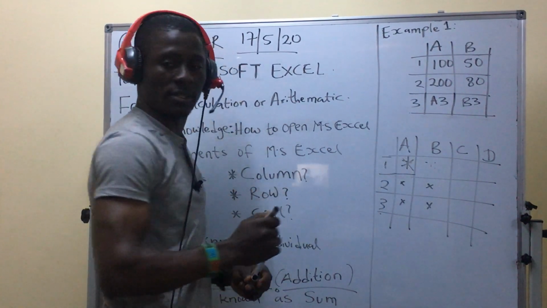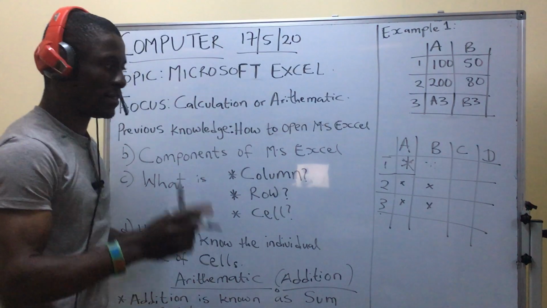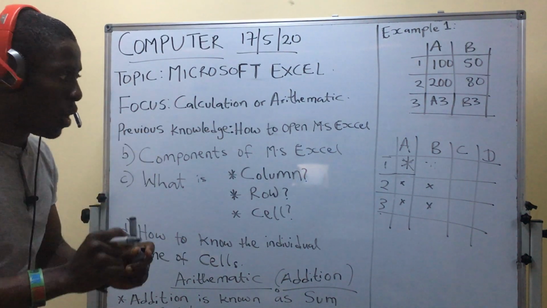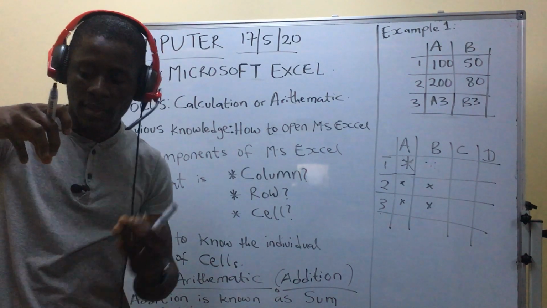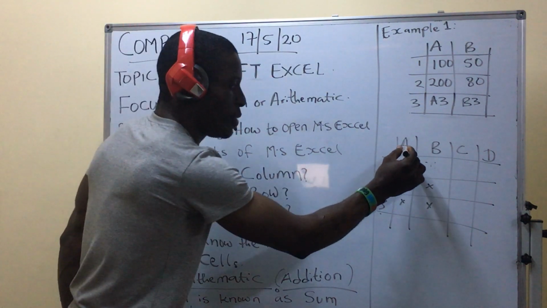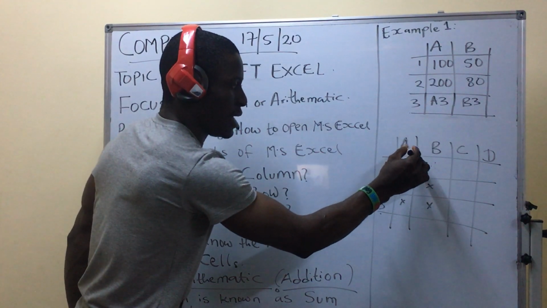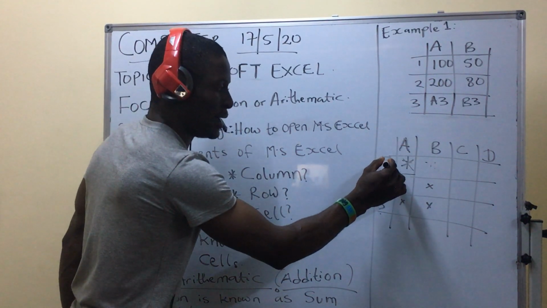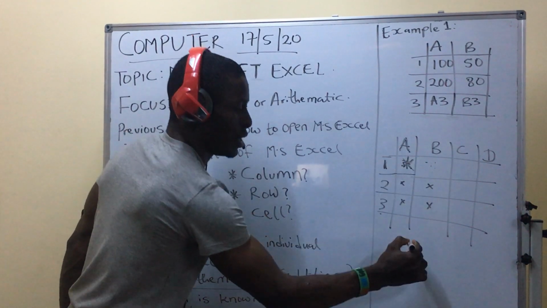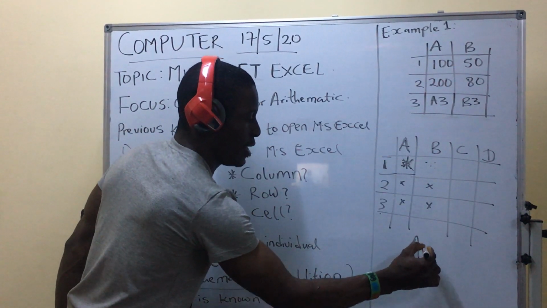Now, what is the name of this cell? We say that the name of a cell can be known by the column and row that meet. So the column that meets here is A, and the row that meets is 1. So the name of this cell will be A1.